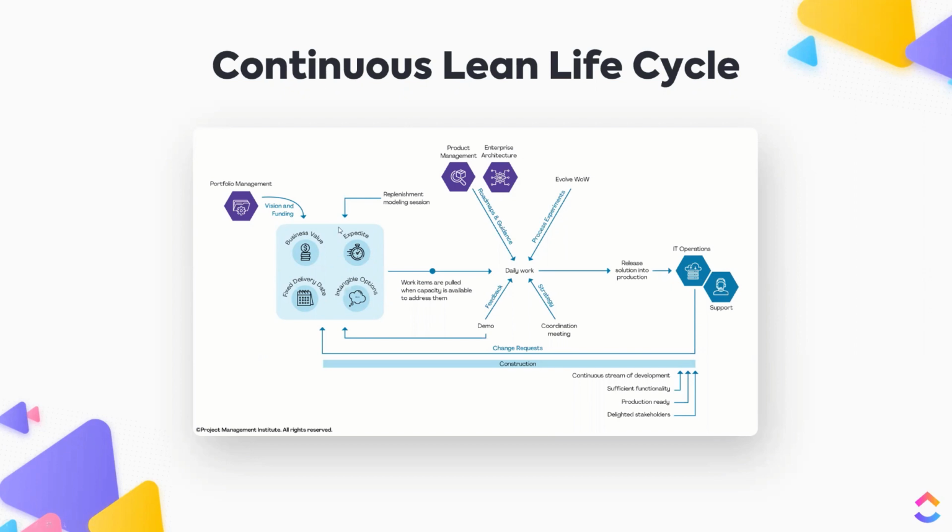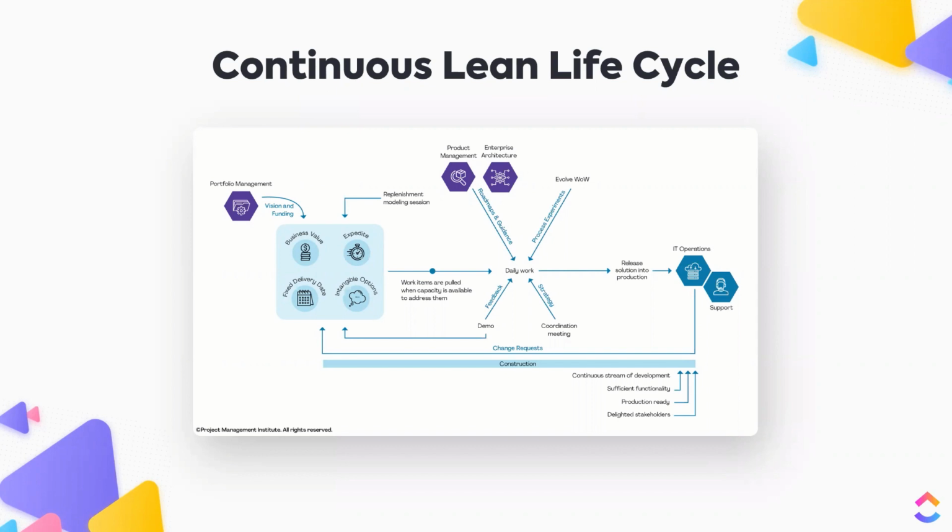So we start with the pool here, we pull it when we have capacity, we work on it, and we release it directly into production in a continuous stream of development. This actually enables teams to avoid task switching, to avoid this partially done work, and to avoid extra processes, which are the main factors of waste in a company.